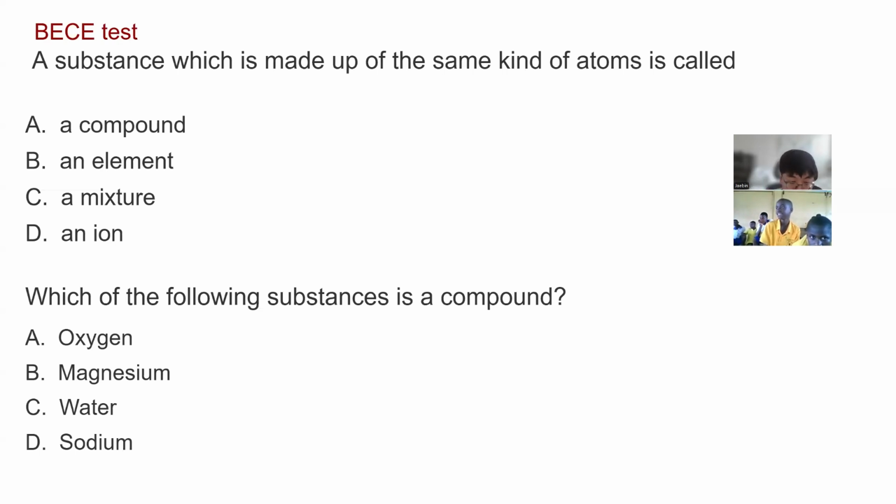Okay, let's end with one of the final questions and one more video on filtration. So let's answer this question here. A substance which is made up of the same kind of atoms is called what? Same kind of atom.